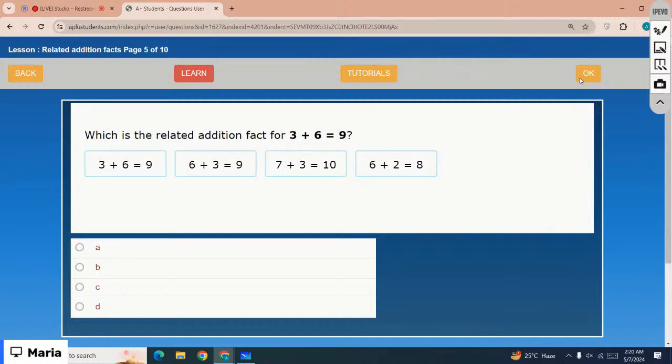Which is the related addition fact for 3 plus 6 equals 9, which is the correct option?